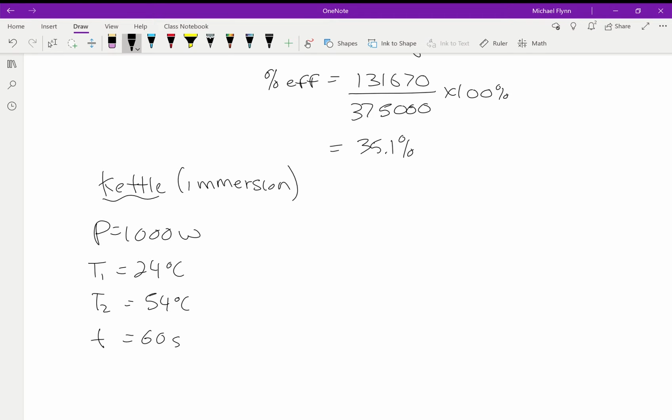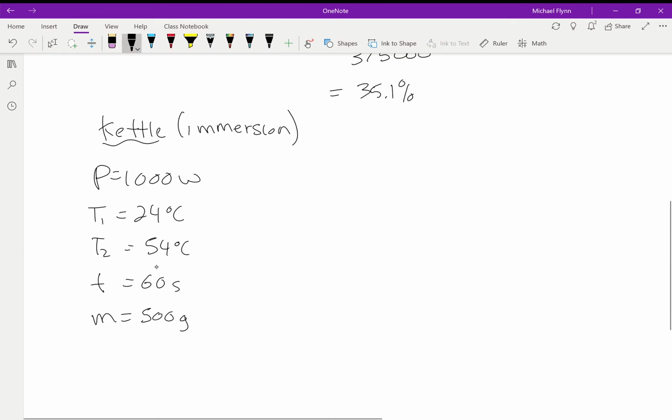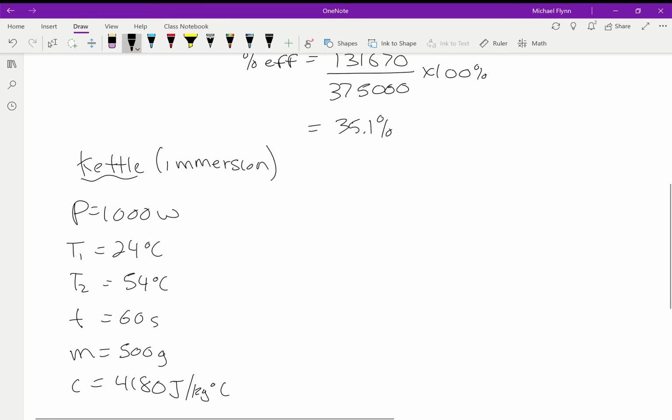The mass was 500 grams of water in every case. And of course the specific heat of water is 4180 joules per kilogram degree C. All right, so that's for the kettle, and next to it I'm going to put the microwave.